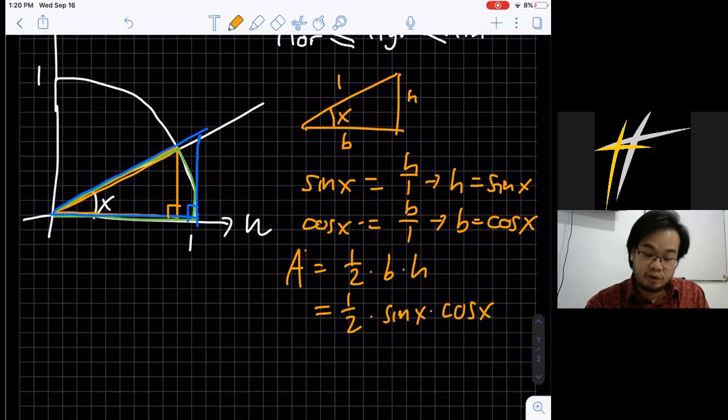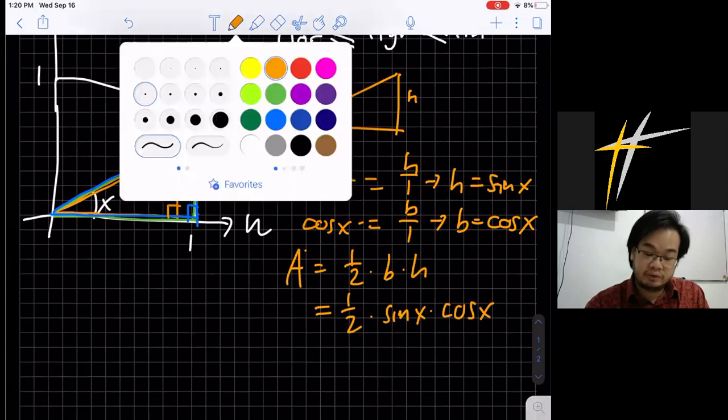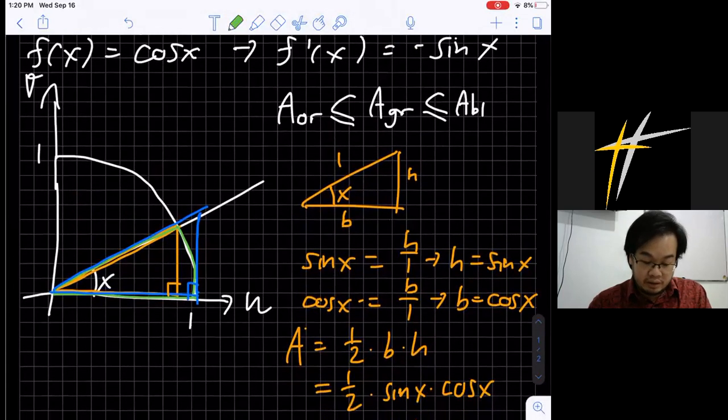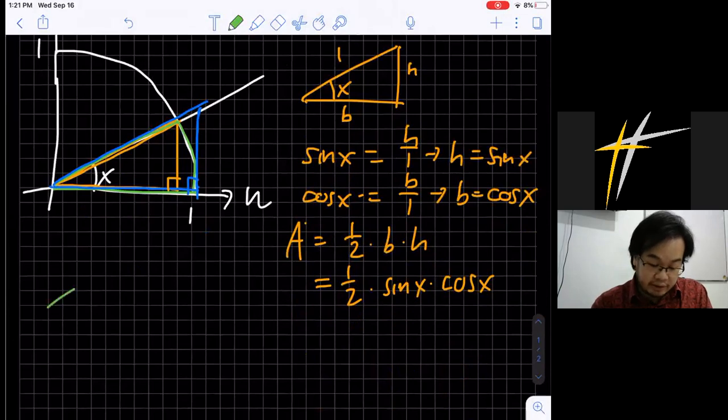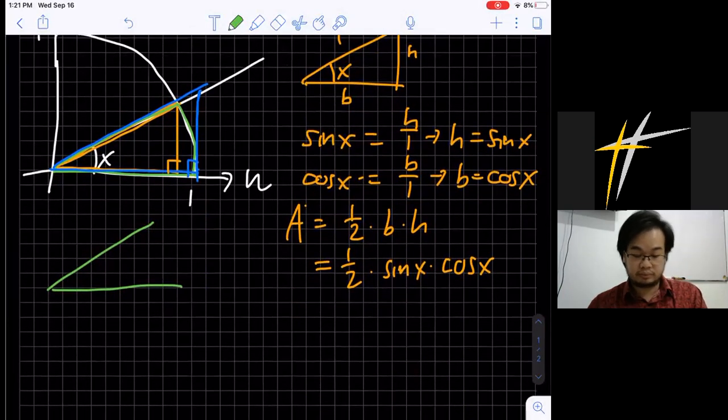And then let's move on to the green one. The green one is actually a sector of a circle. So this is a circle like that. Okay, and then the radius is 1 and this is x.